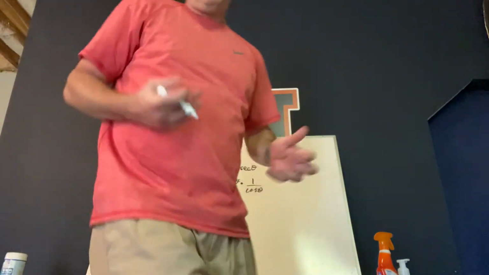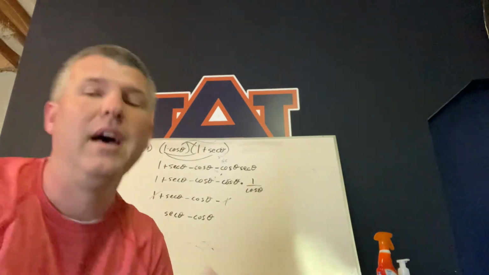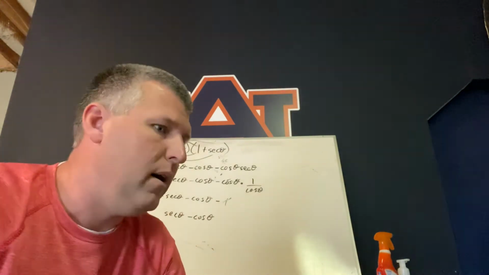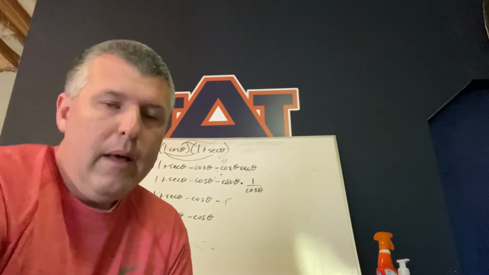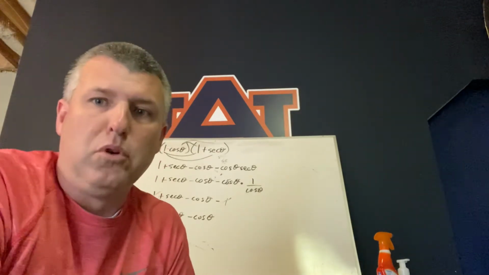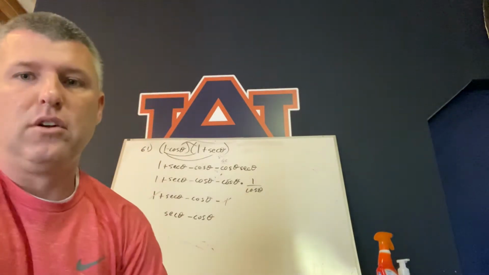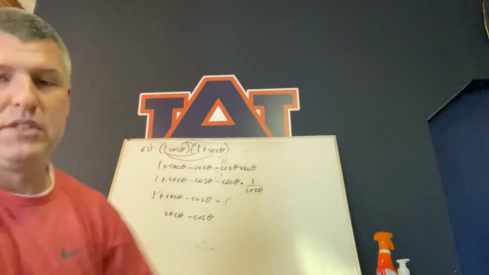Now, this is kind of the age-old question of when something says simplify, when do I know it's done? Okay? Is this the answer? If I were giving you this problem and it was not multiple choice, and I said simplify, I would accept the answer of secant theta minus cosine theta.